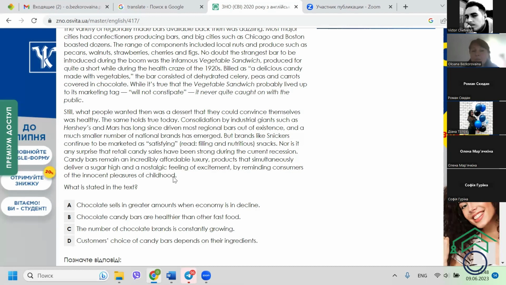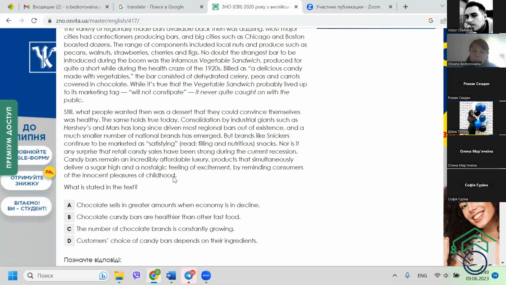And a much smaller number of national brands has emerged, but brands like Snickers continue to be marketed as satisfying, rich, filling, and nutritious snacks.